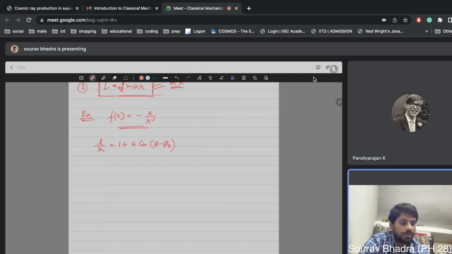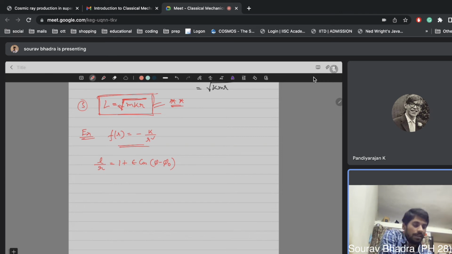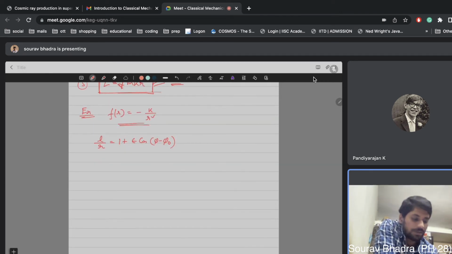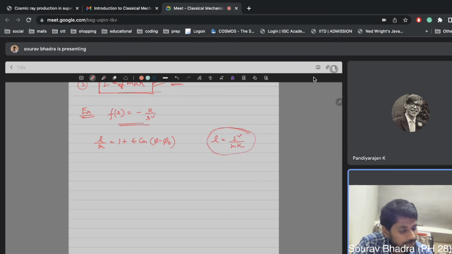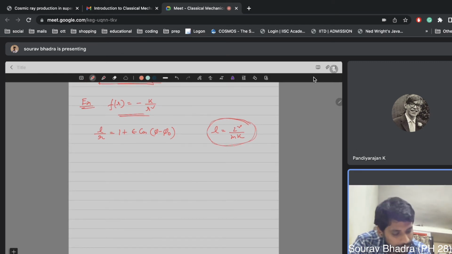This you cannot forget. You can forget all the other things I have told you, but this you cannot forget. l by r is equal to 1 plus e cos phi. Always remember that. And your small l is capital L square by mk. You see, it is again useful for this particular problem. So try to remember. Now r is 1 by u.